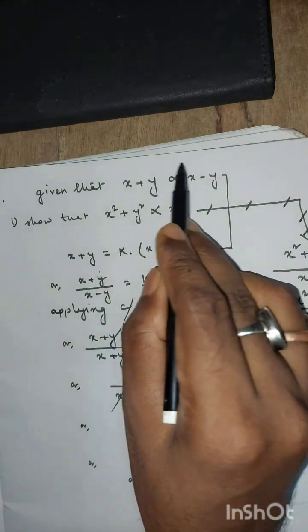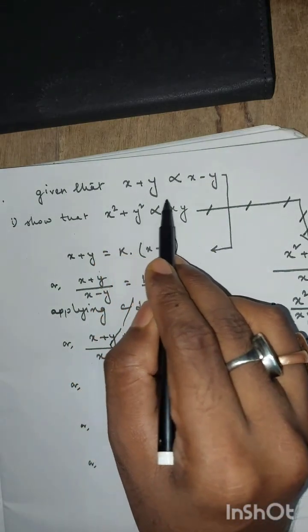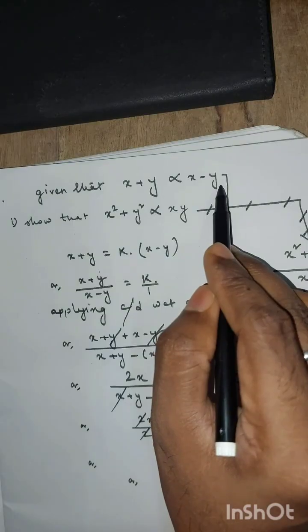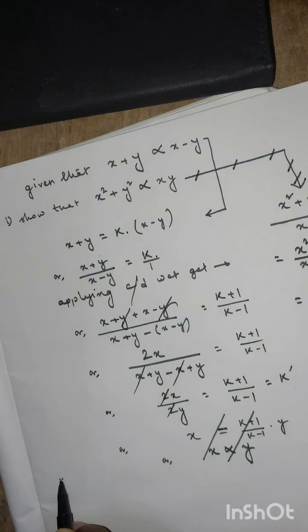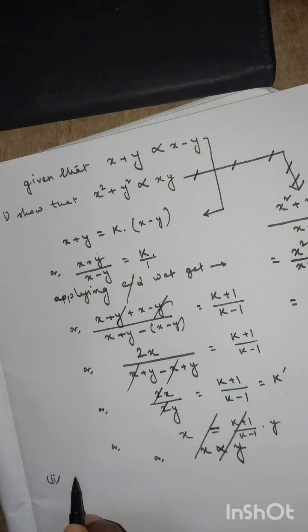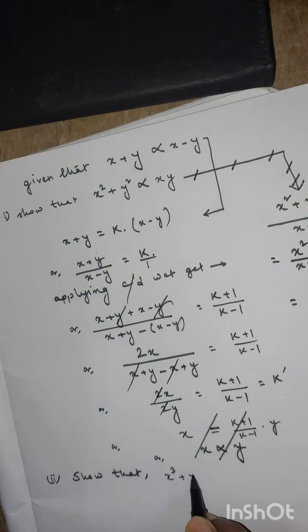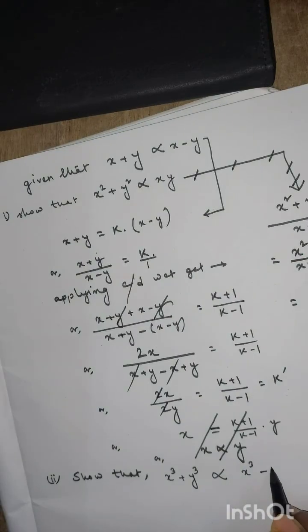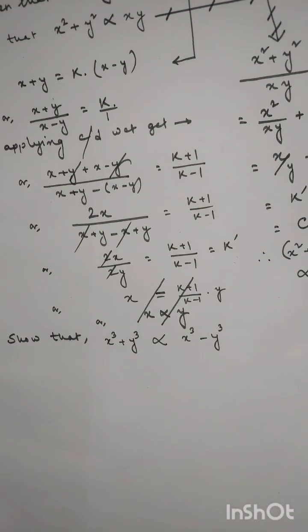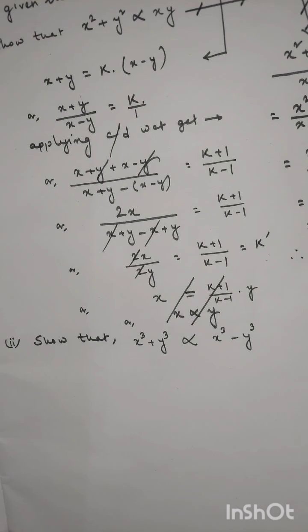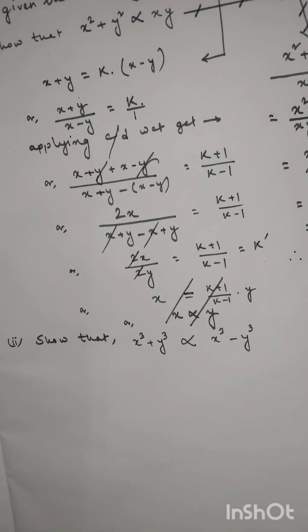So the given relation is this, and we have to show x cube plus y cube varies as x cube minus y cube. This is part 2 of question number 6.